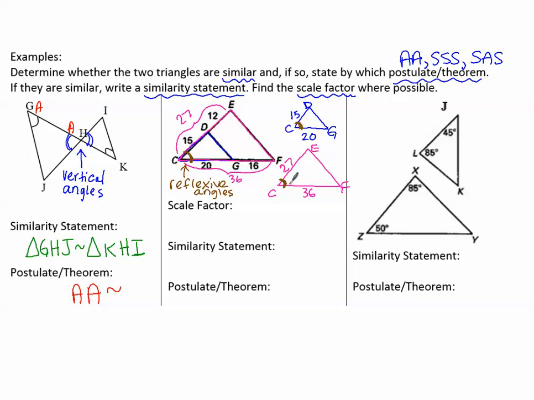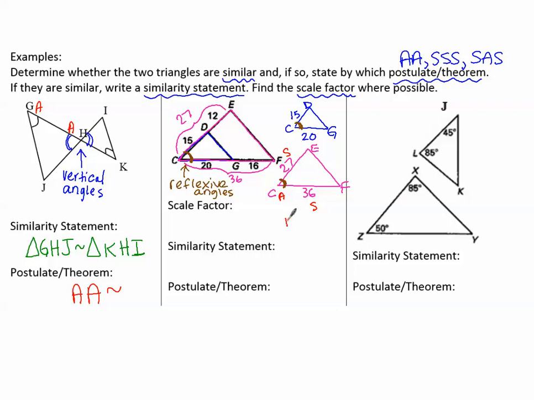Now, which shortcut, postulate, or theorem does this look like? Did you say side, angle, side? Then you'd be correct. We can mark with an S, an A, and an S if that's helpful. But we can't just jump to that conclusion. We've got to see, are these sides proportional to these sides? So let's take the small number from the first triangle and the small number from the second triangle, and let's check it out.